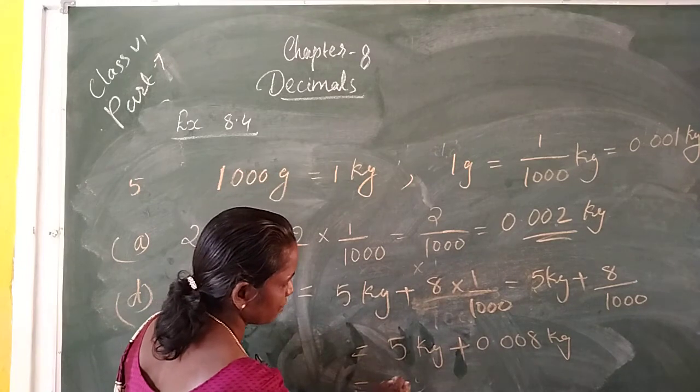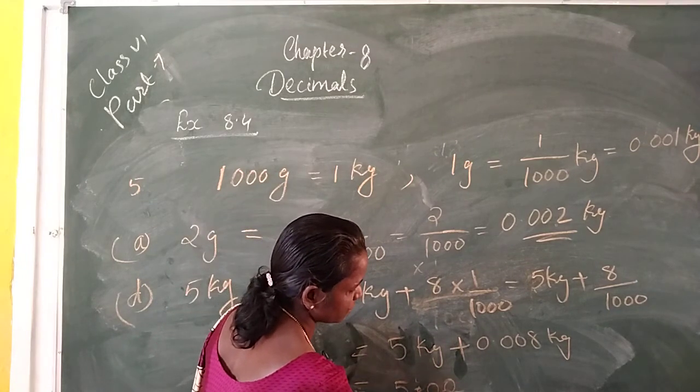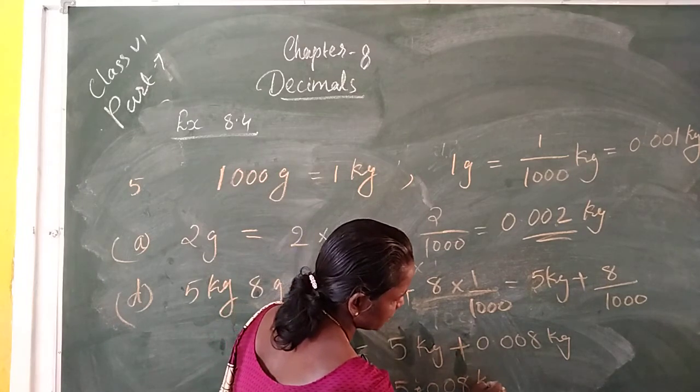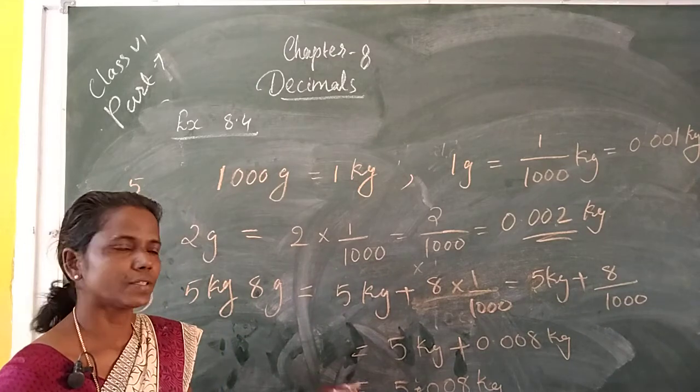Then it is equal to 5 decimal 008 kg. Is it clear?